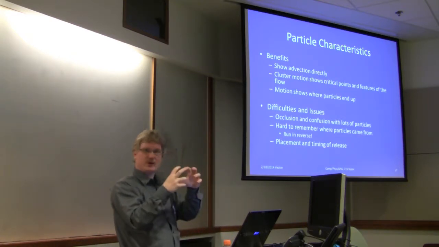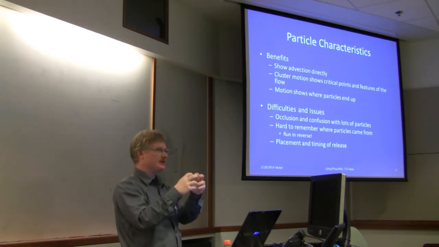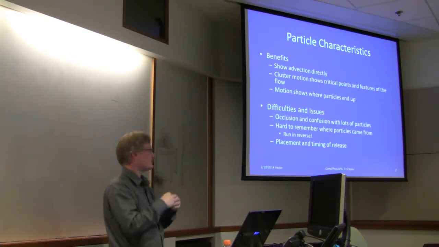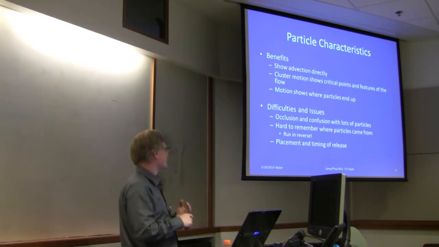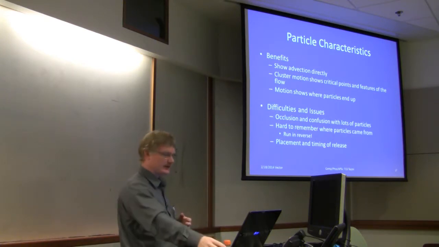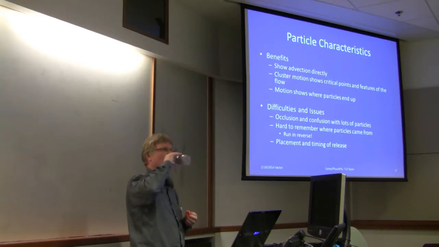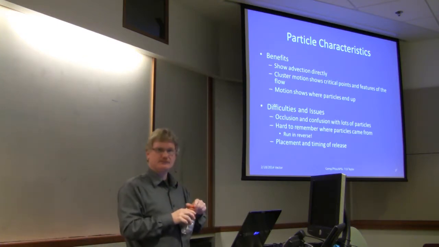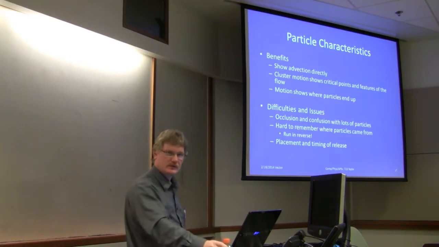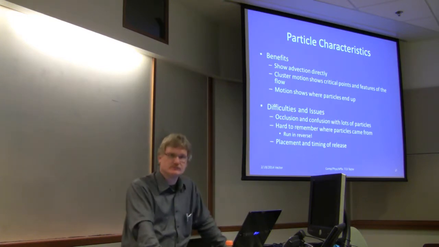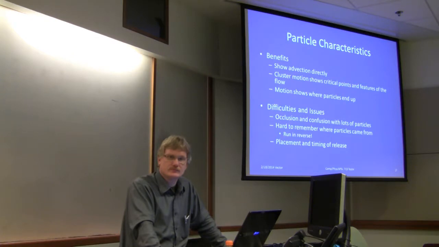If you saw all those particles, you weren't seeing each individual one in the galaxy formations or the particle collisions, and it can be hard to know where they come from. And there's a question about how do you place them and time the release so that you see what you want to see. Now in these experiments, the particles are actually the thing you're looking at, right? Versus in airflow, the little massless things are just tracing the flow of the gas, right?